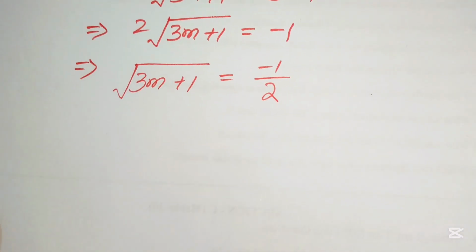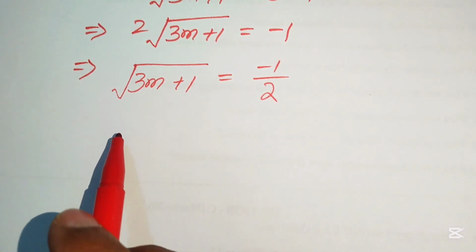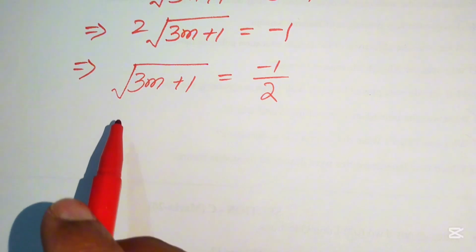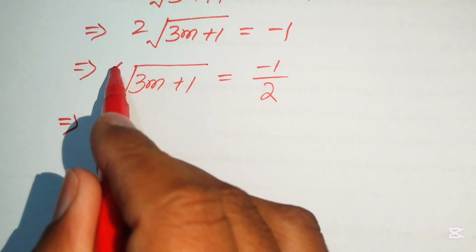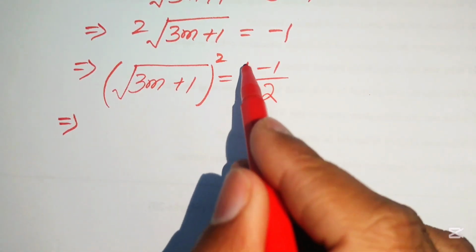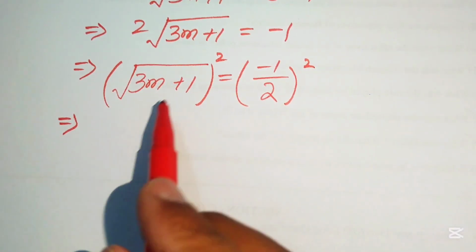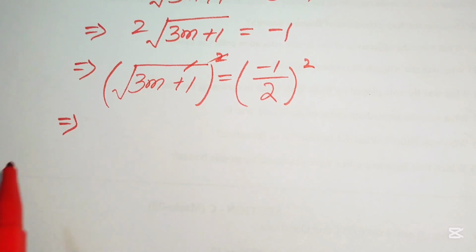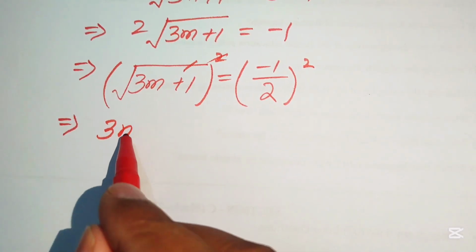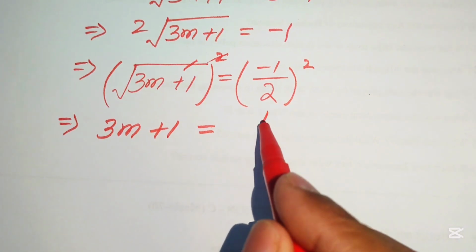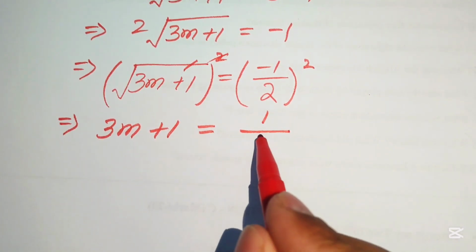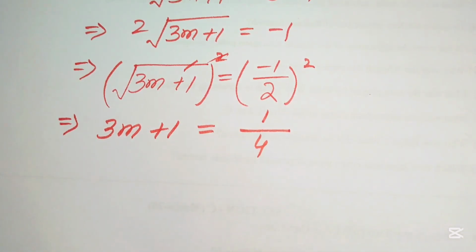In the traditional way to solve a radical equation, we need to remove the radical sign, so we take squares on both sides of this equation. The 2 and the square root are gone, and we get 3m plus 1 equals minus 1 squared, which is plus 1, and this 2 squared equals 4.